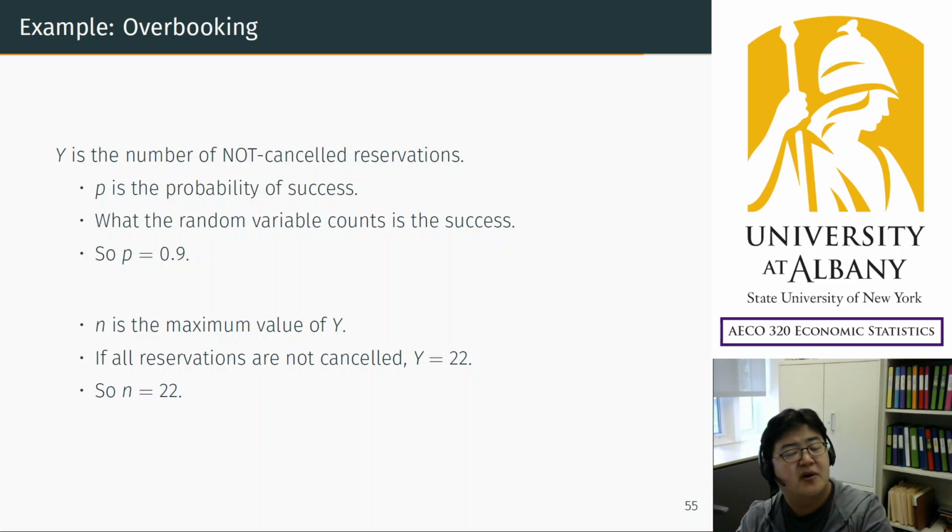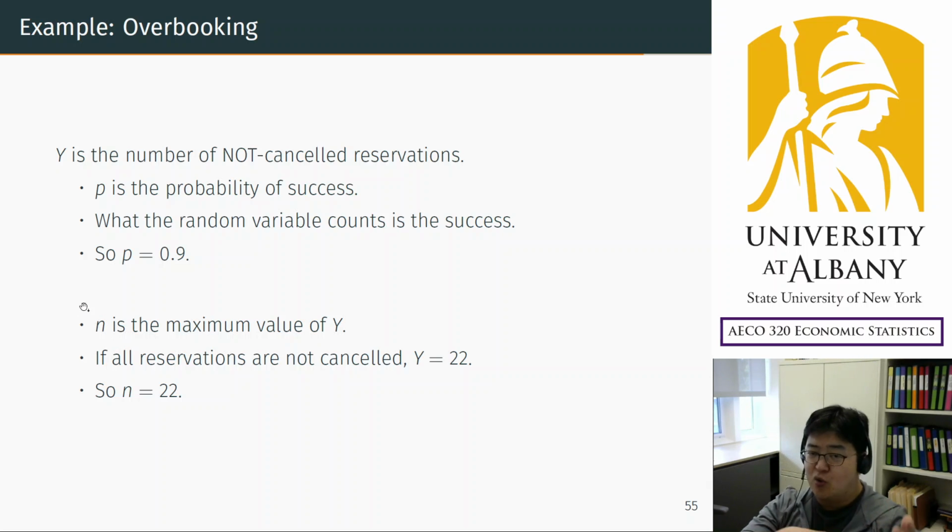Therefore, the parameter must change according to the definition of the success, right? As a result, p must be 90% because that's the probability of what we are counting, the passengers coming to the airport.